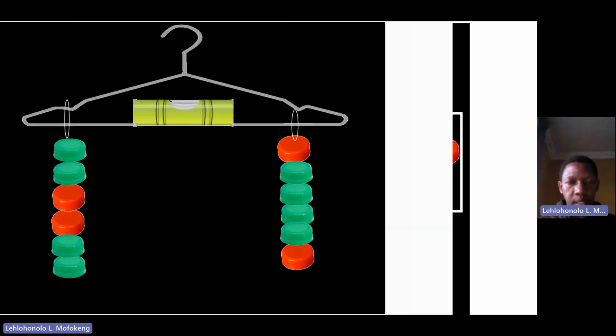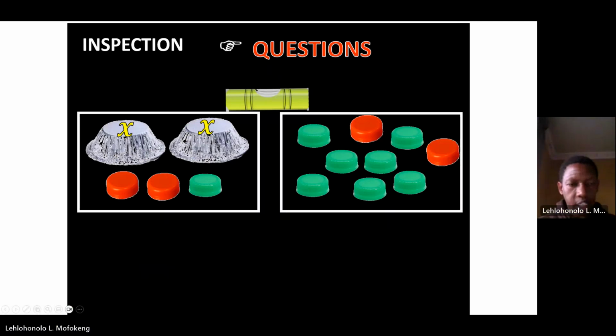Right. Going forward, as you can see there, we have 2 large caps that are representing x and the smaller caps that are representing 3. In the same way, on this side, we have caps that represent 9. As you can count them, they are 9.